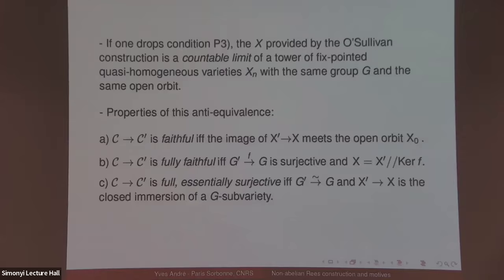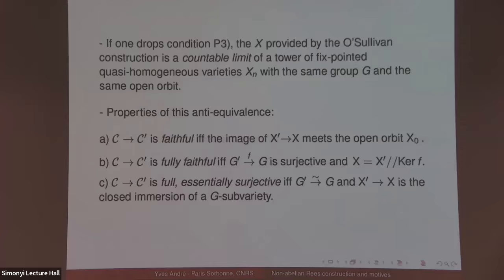But there is a nice functoriality, as I already mentioned, and one can translate, yes, state the properties of the functors between two such categories in terms of properties of the G-equivariant morphisms between the corresponding quasi-homogeneous varieties.